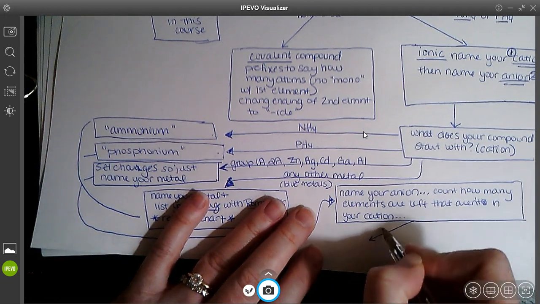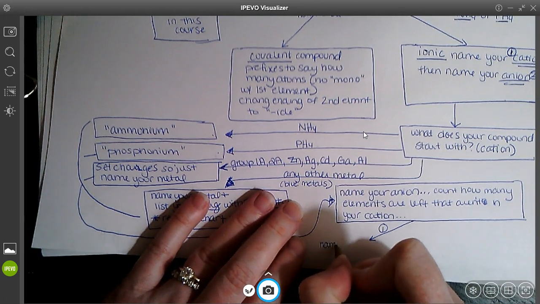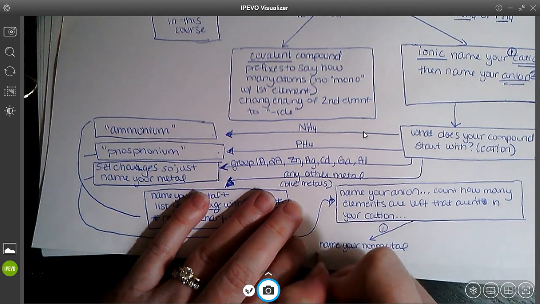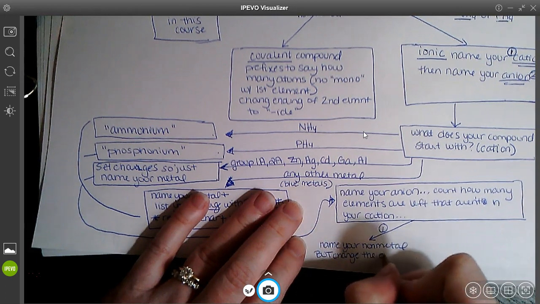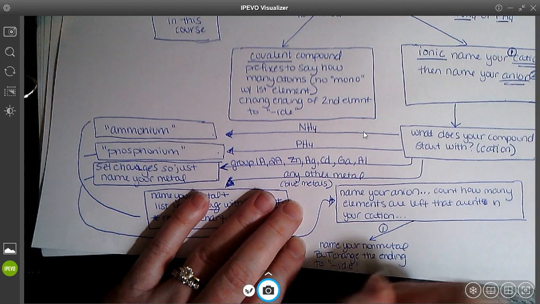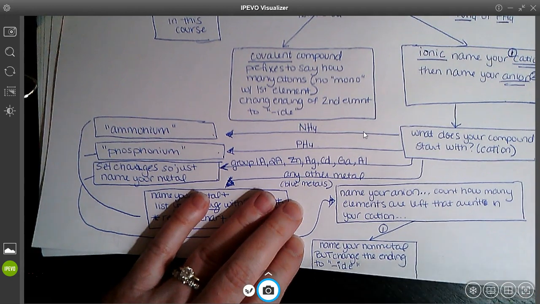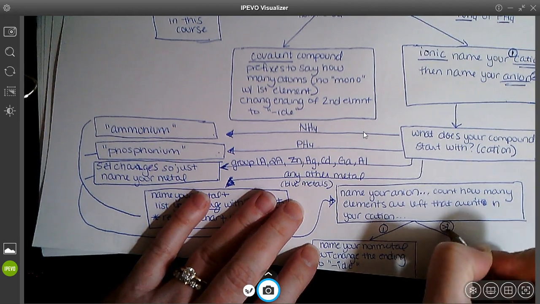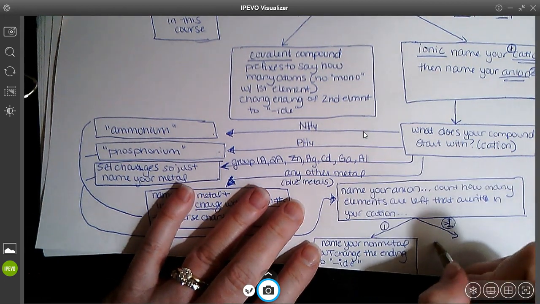So if you have one element left, it's going to be a nonmetal. So name your nonmetal, but change the ending to IDE. This is only if you have one element left. Okay. If you have more than one element left, if you have 2 elements, 3 elements, 4 elements, then you have to name your polyatomic ion.